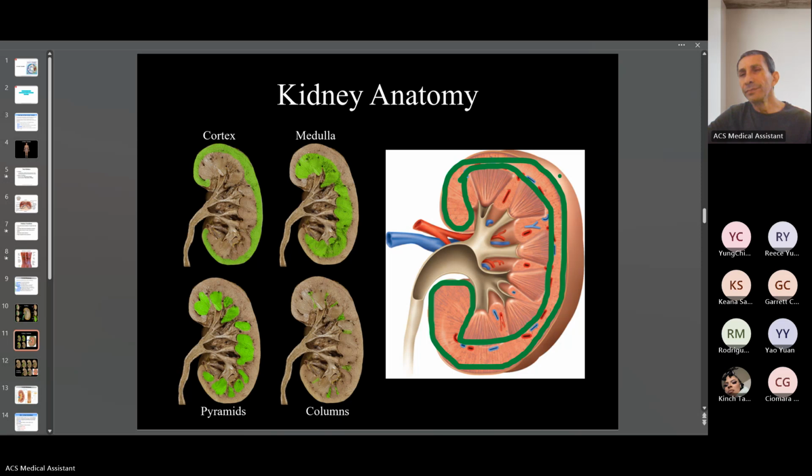See? Anything that is inside, the inner layer, which is this part right here, is the renal medulla. See? So that's what we have right here.